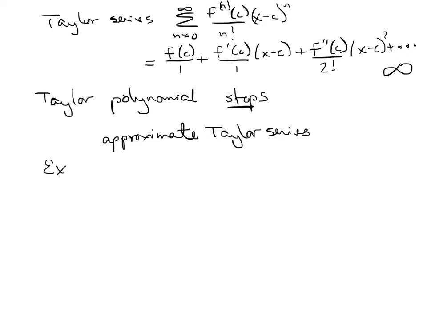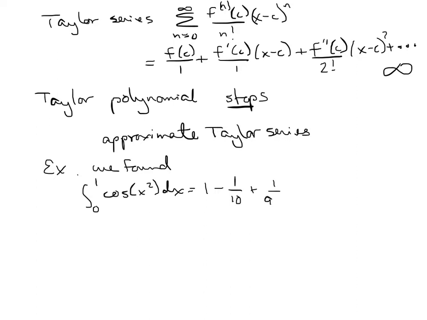As an example from last time, we found that the integral from 0 to 1 of cosine of x squared was equal to, we expanded it out and we got, 1 minus 1/10 plus 1 over 9 times 4 factorial minus 1 over 13 times 6 factorial plus dot, dot, dot.